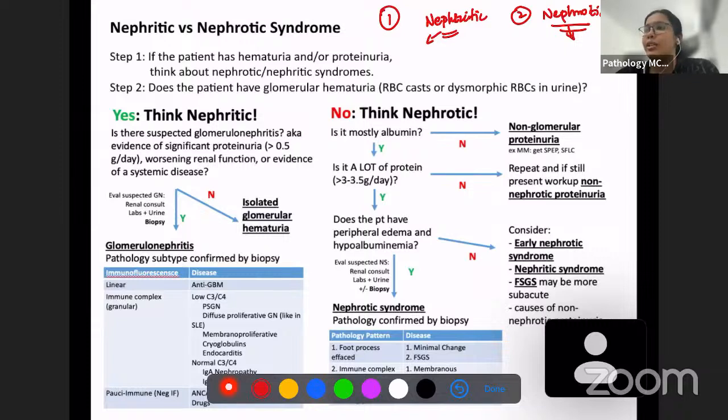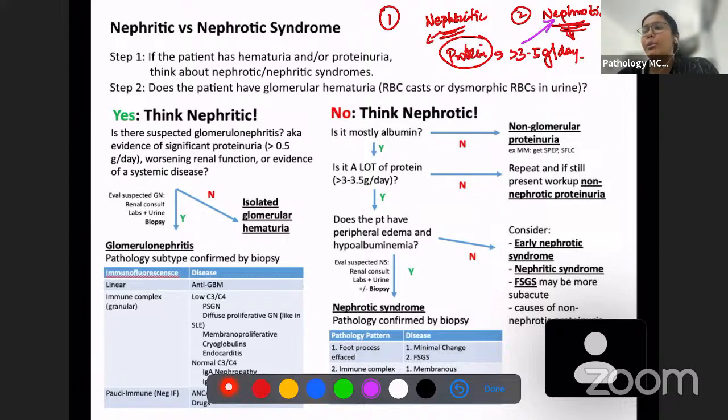And I'll tell you a few other clues to diagnose those conditions also. So the first thing you have to look for to identify if it is nephritic or nephrotic is the proteinuria. If they have given you in the case that the protein is more than 3 or 3.5 gram per day, then it clearly falls under nephrotic syndrome.